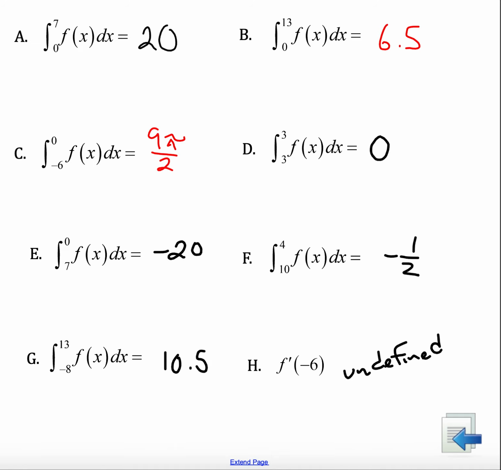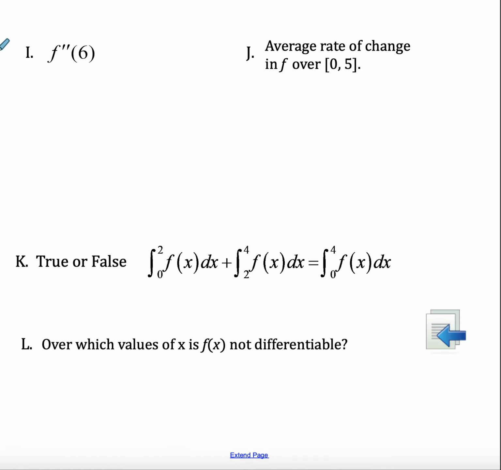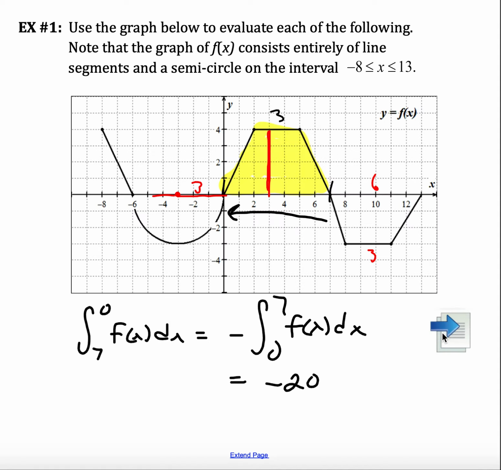All right, let's continue. What about the second derivative at 6? Well, let's go back to the graph they gave us. Okay, 6 is here. Remember, this is f of x, so for the derivative of f of x, we see that this slope is going to be a constant, right?